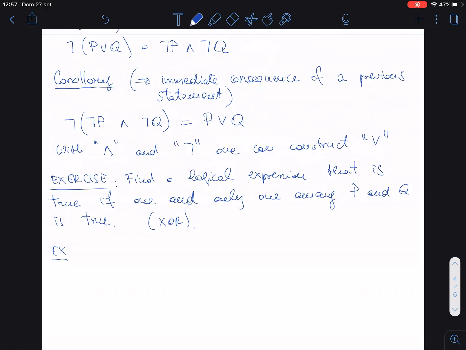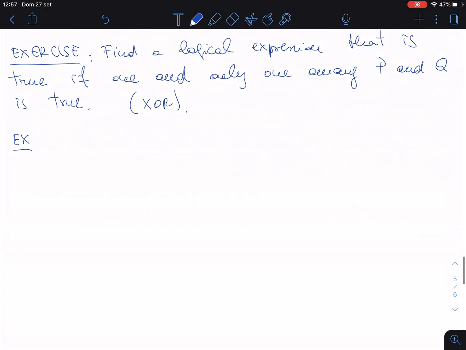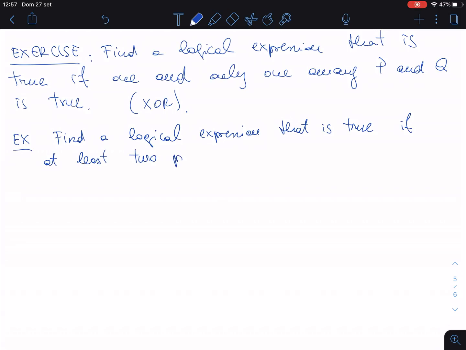Find, sorry, I have some problem here when I write. So find a logical expression that is true if at least two propositions among the three, P, Q, and R, are true.